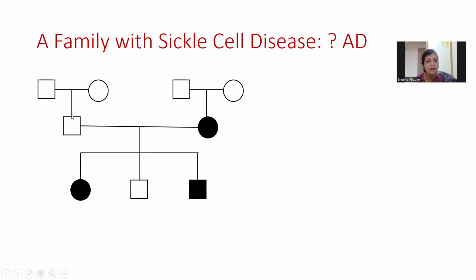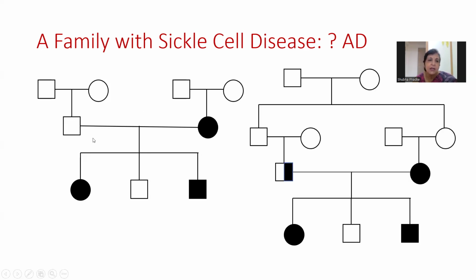And though her husband is not her blood relative, he may be a carrier of sickle cell disease, or sometimes with consanguinity, the possibility of the spouse becoming a carrier of the same autosomal recessive disease increases. Superficially, such a family with an autosomal recessive disease may look like an autosomal dominant disorder, where the affected persons are present in different generations.